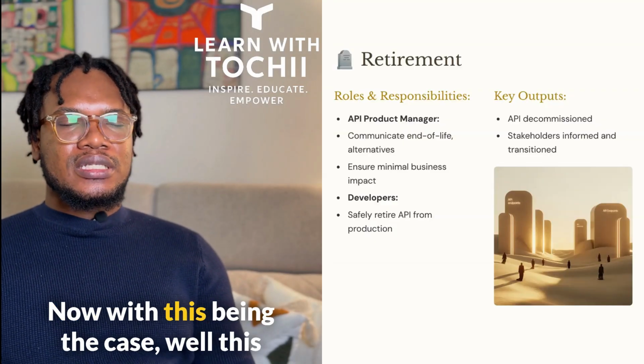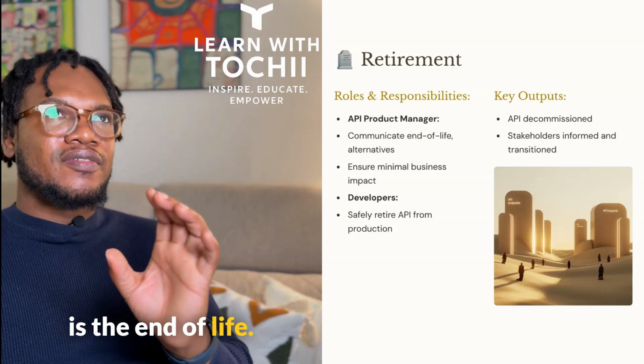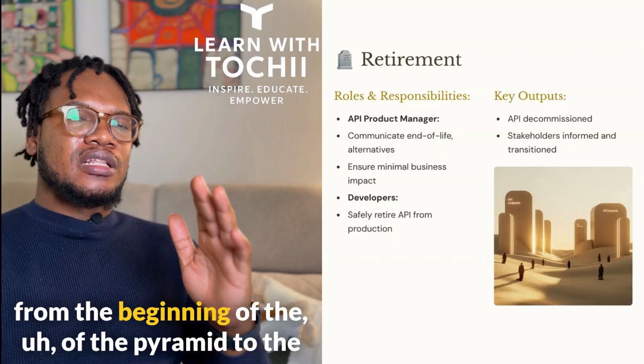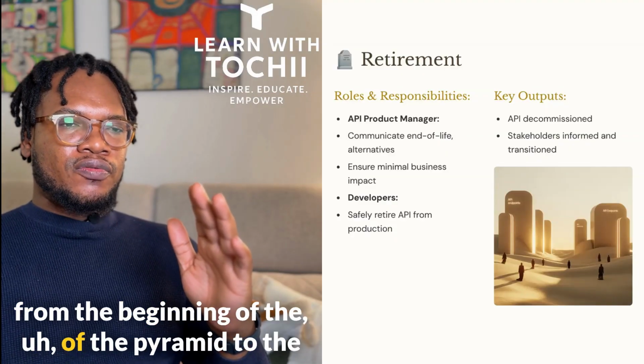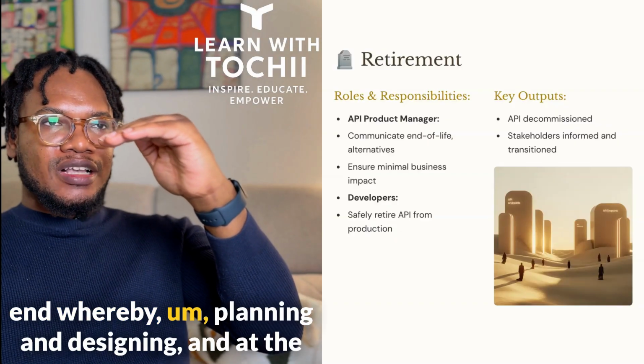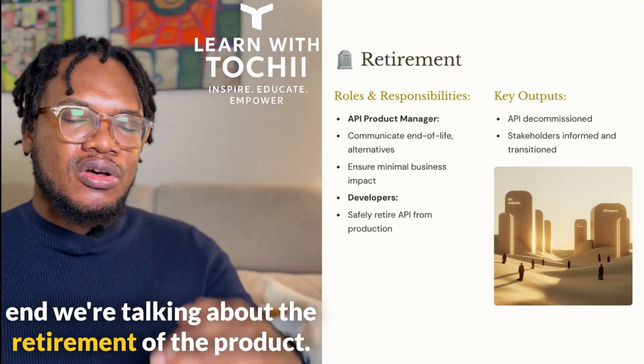Now, this is the end of life. I've been able to speak about all of the processes from the beginning of the pyramid to the end, from planning and designing, and at the end, the retirement of the product.